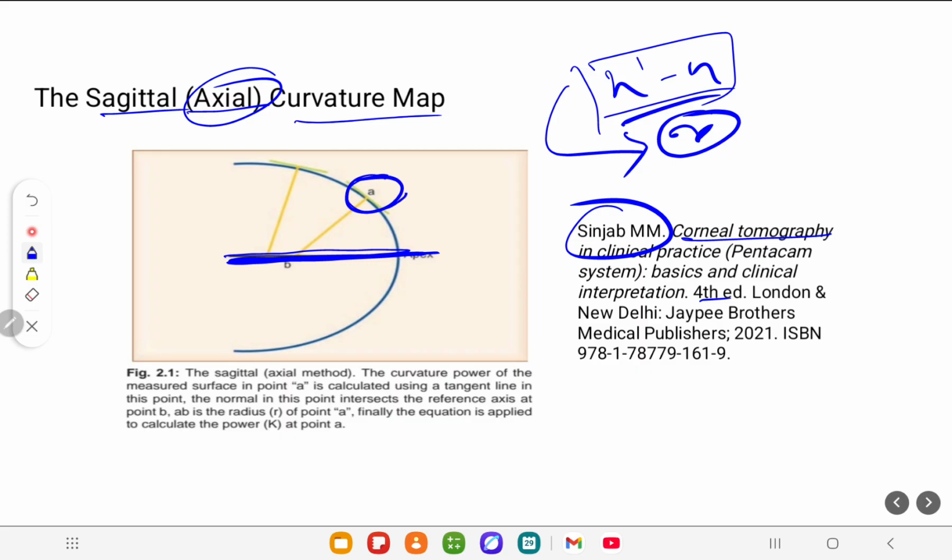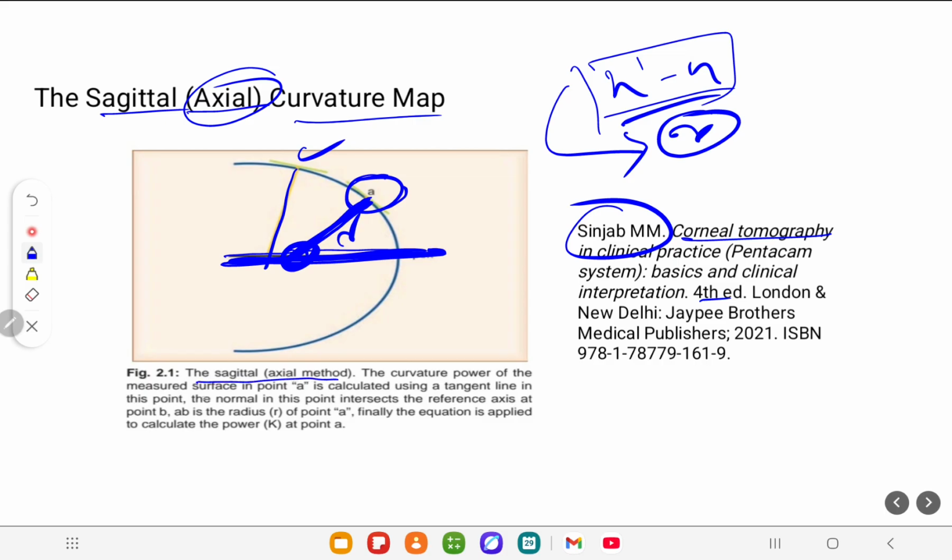From A, you draw a tangent, and the normal crosses the axis somewhere at B, and you get this r. So this is the sagittal axial method.